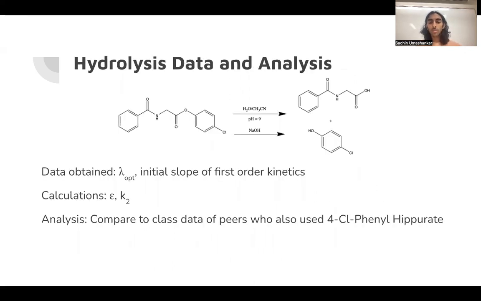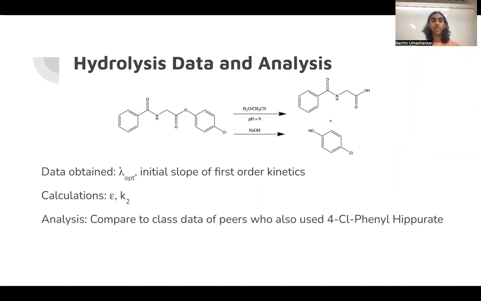However, as Cole and Jasmine were so kind as to give us some of their product, we were able to do the hydrolysis. In this step, we directly obtained from the machine the optimal wavelength to do the kinetic experiment, which Eli talked about.